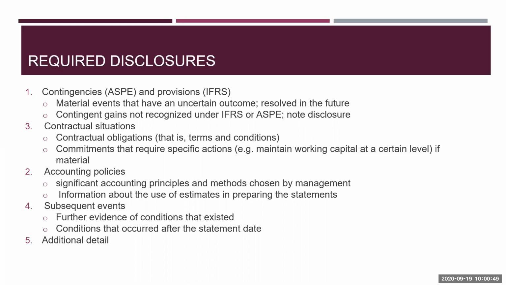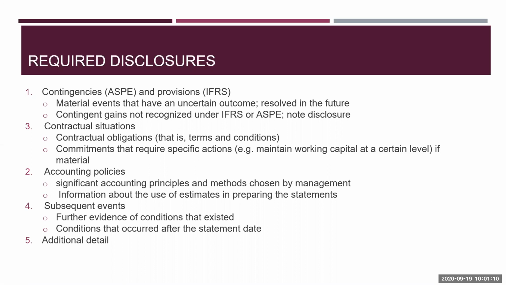There are some contractual situations. If the company does have contractual obligations, then those contractual obligations have to be disclosed in the notes to our financial statements. And if we have any commitment that requires a specific action, such as maintaining a working capital, then that has to be stated as well.